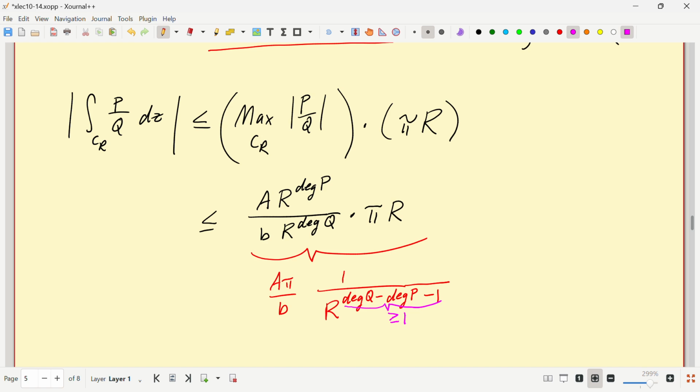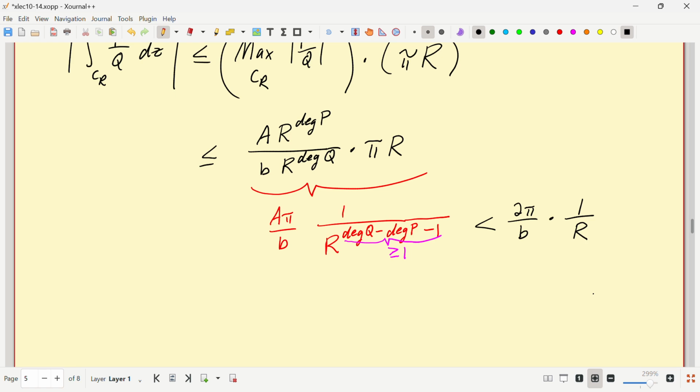And so here's something I'd like to be careful about. That is strictly less than a pi over b times 1 over r. And the important thing is that r is bigger than 1.